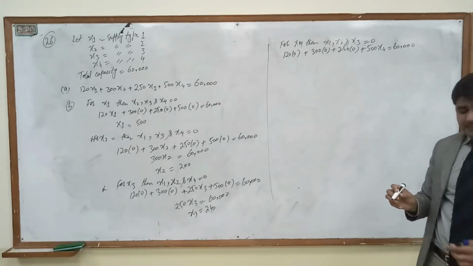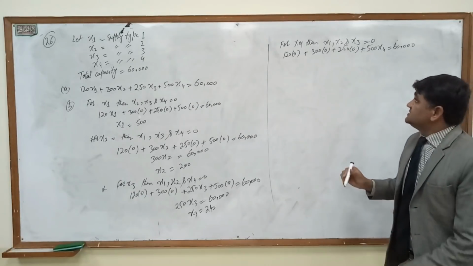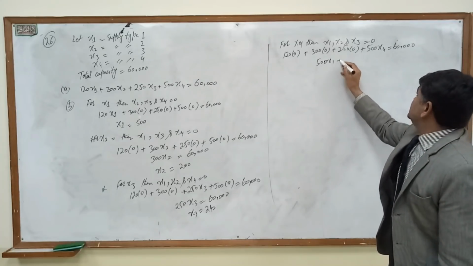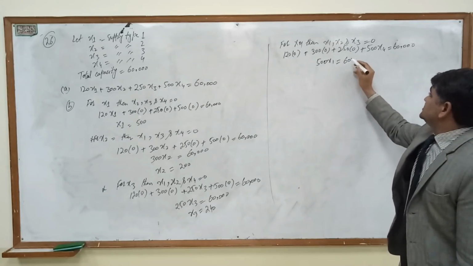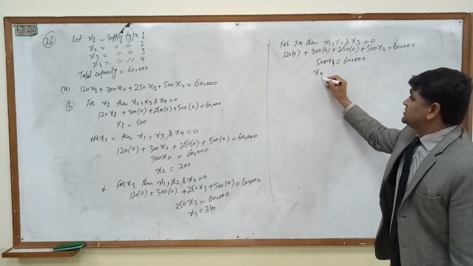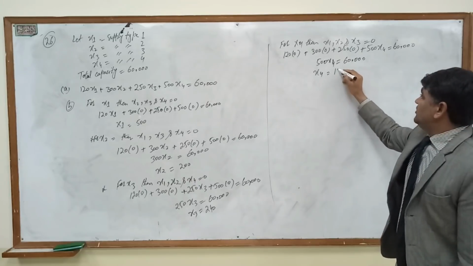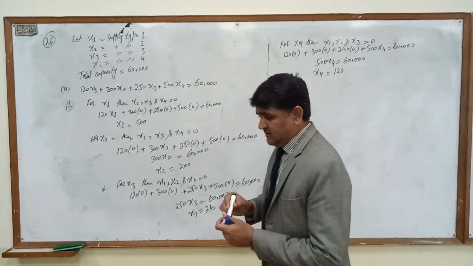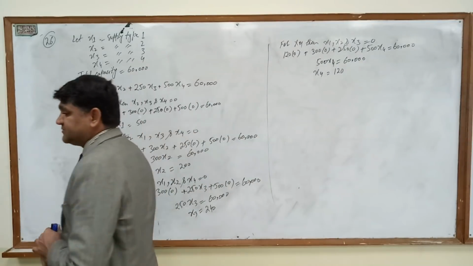So 500 x4 is equal to 60,000, and x4 is equal to 120. 120 containers can be shipped if they leave the rest of the supply types.